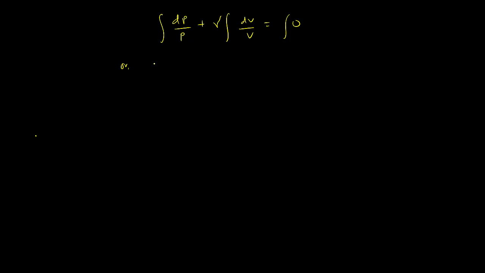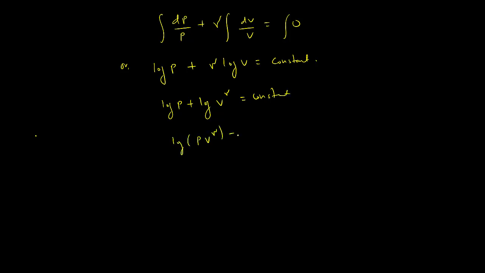This integration gives log P plus gamma times log V equal to constant, or log P plus log V power gamma equal to constant, or log PV power gamma equal to constant. Taking the log to the other side, PV power gamma equal to e power constant, which is also a constant.